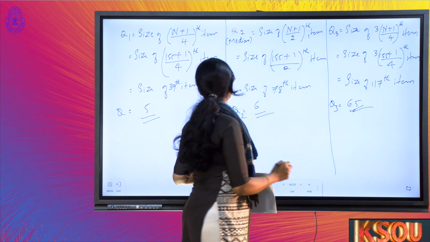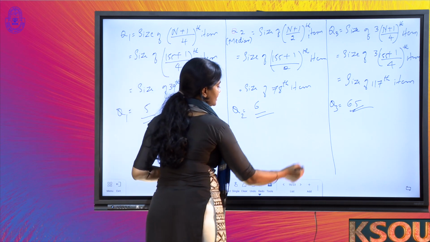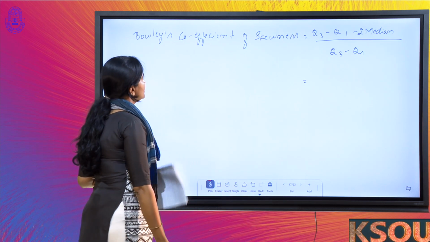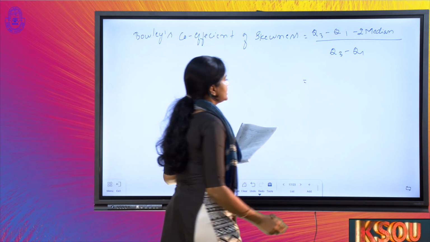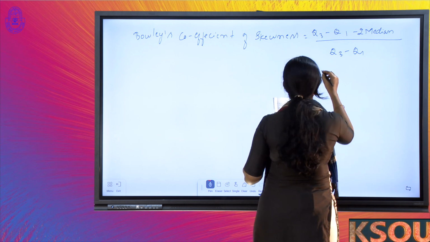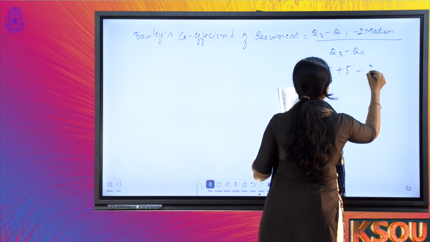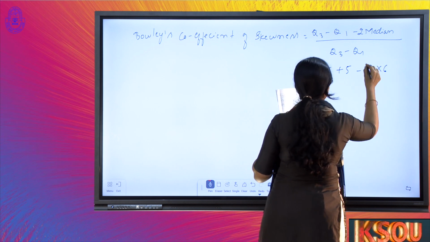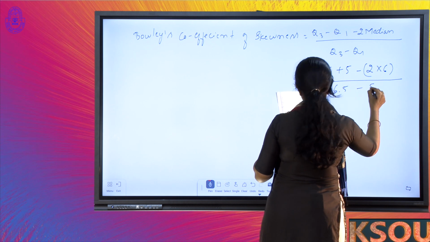After calculation of Q1, Q2 and Q3, you can calculate the Bowley's coefficient of skewness. Here median is nothing but Q2. Take the values here, 6.5 plus 5 minus 2 into 6 by 6.5 minus 5.